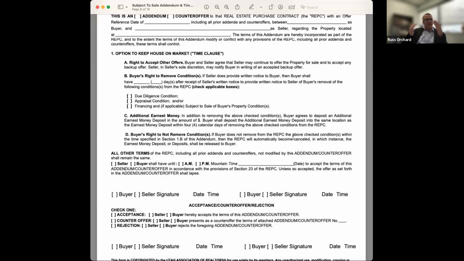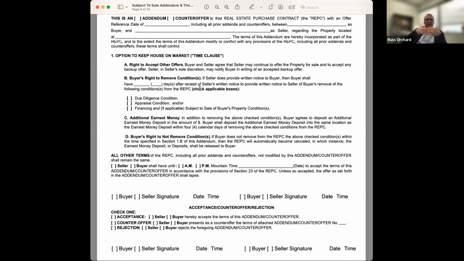Actually, let me back up on that. I take that back. What happened on that one was it was based on the time they gave notice, versus the way this one's written, which is going to be 5 p.m. on whatever the date, however many days. So if we said 3 days from today, it would be 5 p.m. The problem back then is it was 72 hours after they gave the notice. And that's where the argument came in: what time was the notice given?